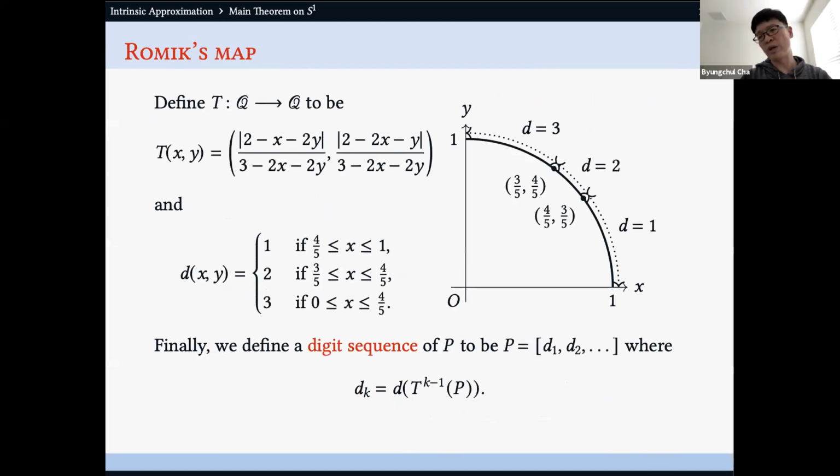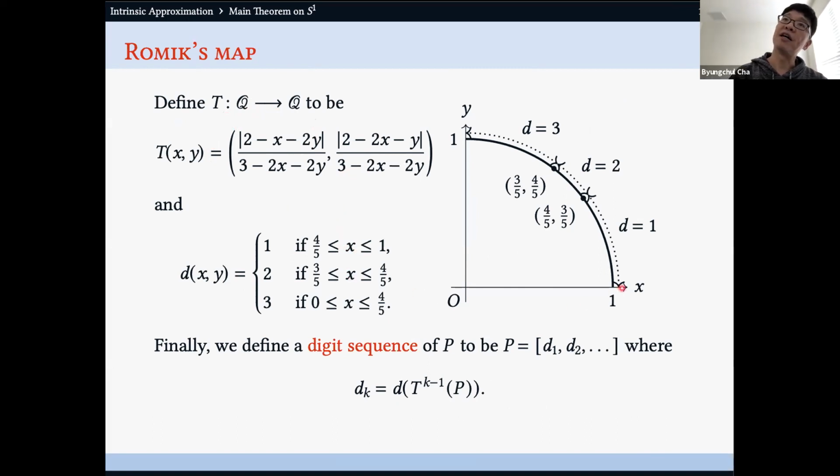This can be written in a more straightforward way by writing down the Gauss map-like map T. So my T is very similar to the Gauss map, but it goes from a quarter circle to a quarter circle, defined by this expression. Now, this expression obviously comes from the matrices M1, M2, M3.